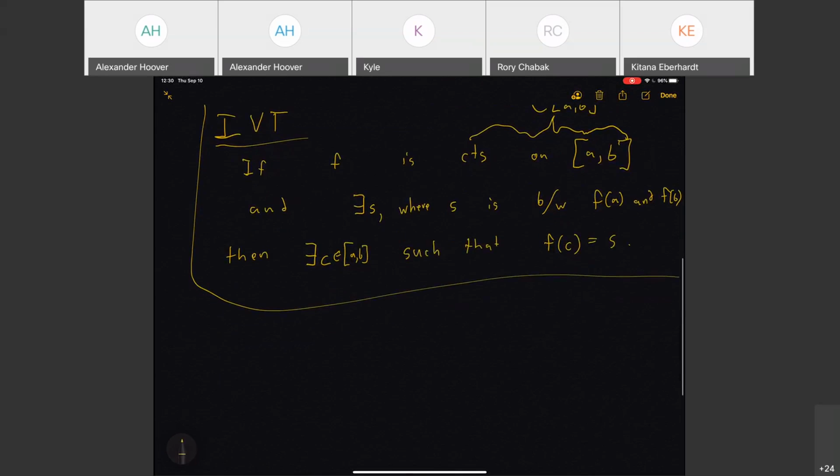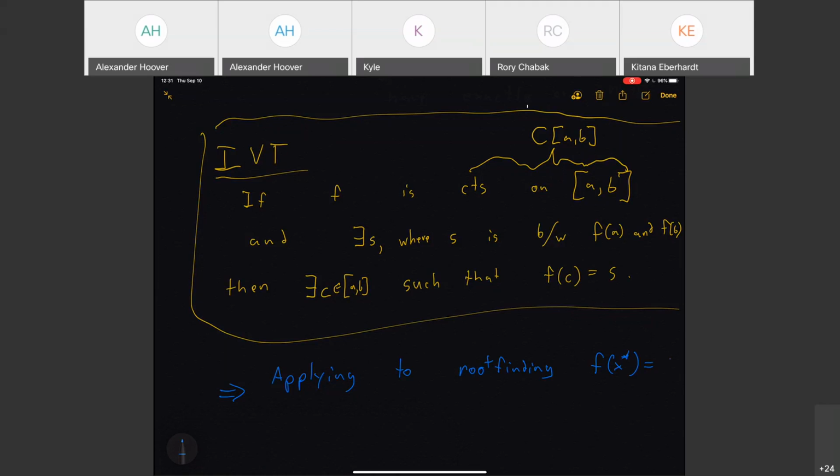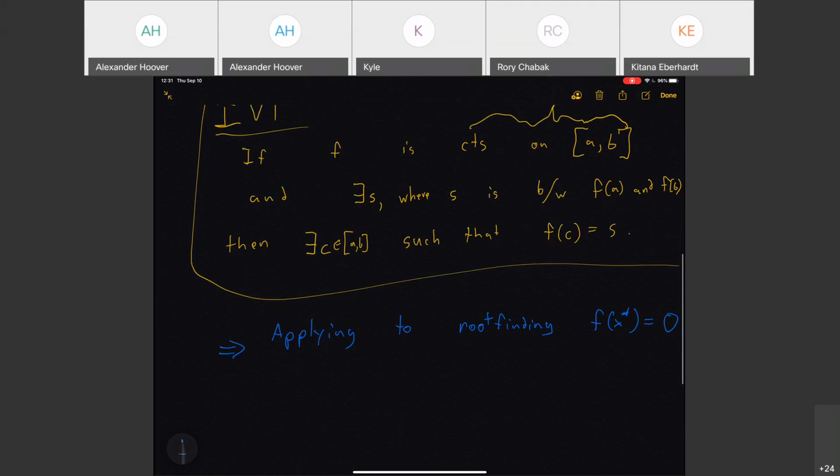So when you think about it in terms of our root, let's say applying to root finding, when we're looking for an f of x star equal to 0, then we can sort of modify this.